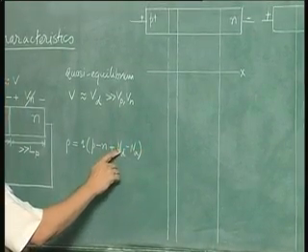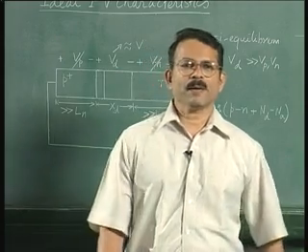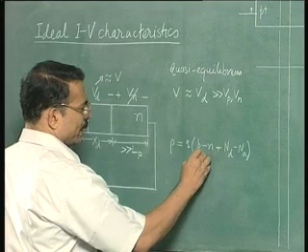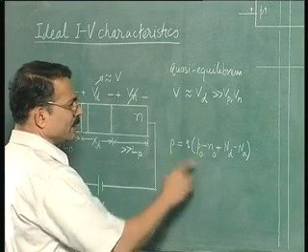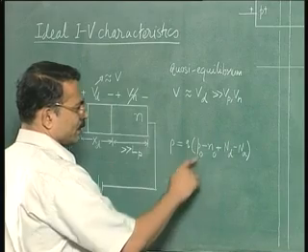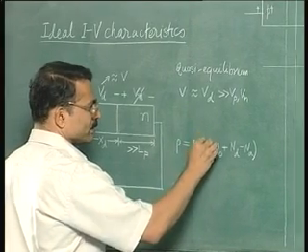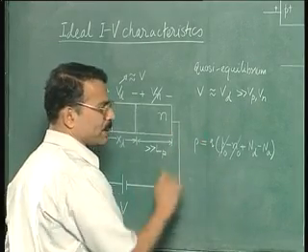We are assuming complete ionization of the impurities. Under equilibrium conditions, this P is equal to P naught and N is equal to N naught, and in the space charge layer, this P naught minus N naught we have said can be neglected. That is a depletion approximation.